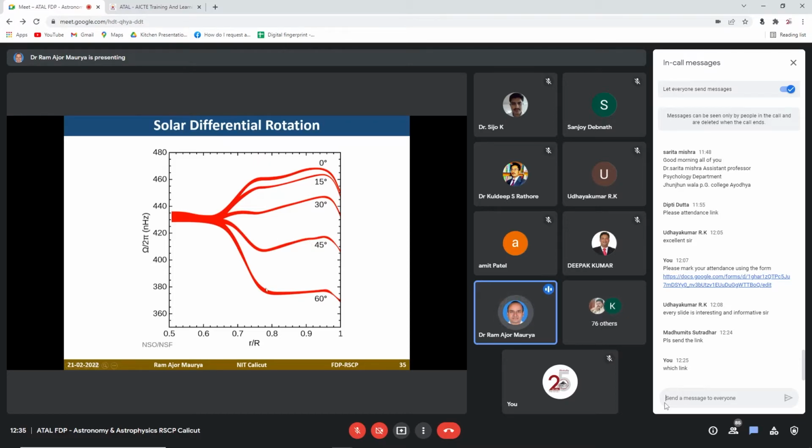You can see at different latitudes the sun is rotating differentially, and around this region, about 0.67, we have the tachocline region, and after that it's like a solid body rotation.